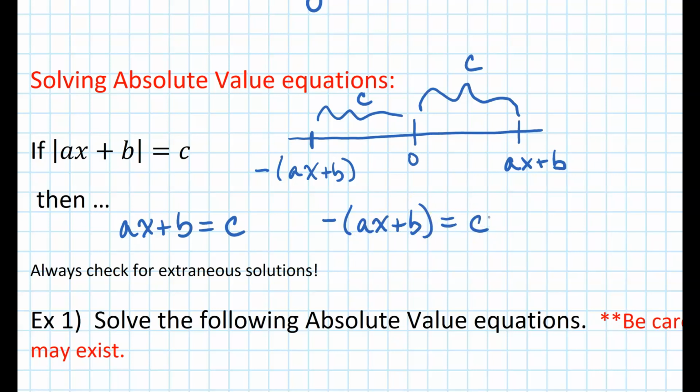And then usually what I do is, rather than trying to solve this and distribute that negative to that binomial there, I just move it to the other side. So you get ax plus b is equal to negative c instead. So two equations that we're going to solve.